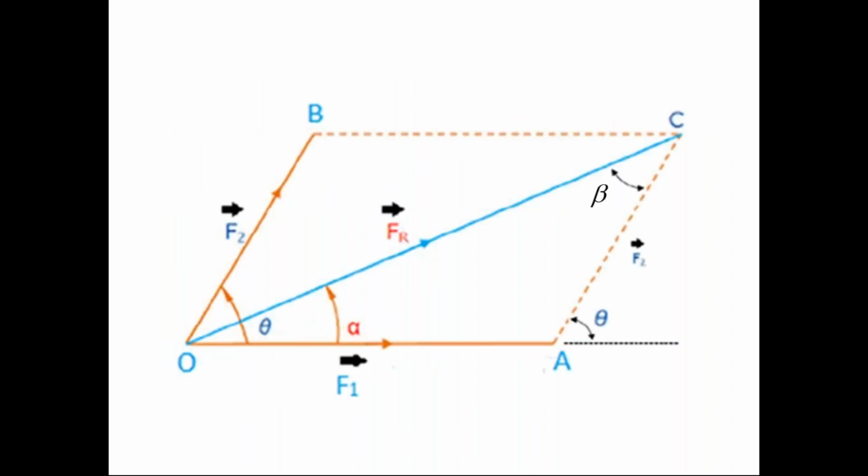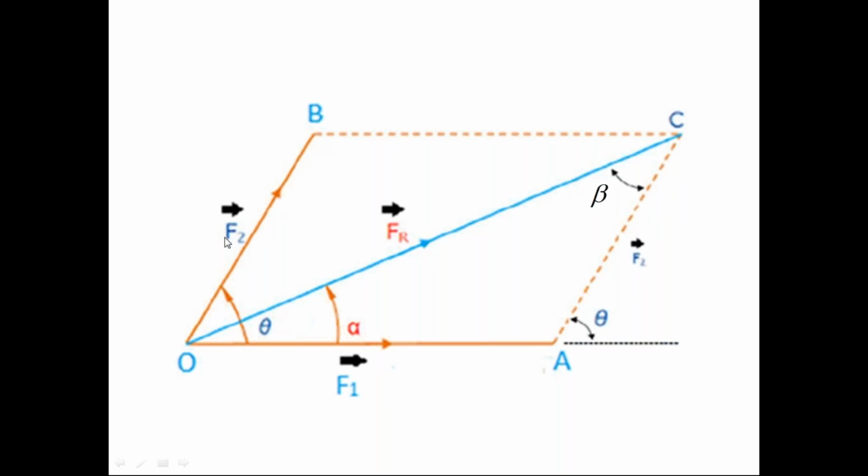Now coming to this diagram, please check this diagram, everyone. Look at this triangle OAC. In the triangle OAC, OA is the force F1. Since it is a parallelogram, the length AC is equal to the length OB.